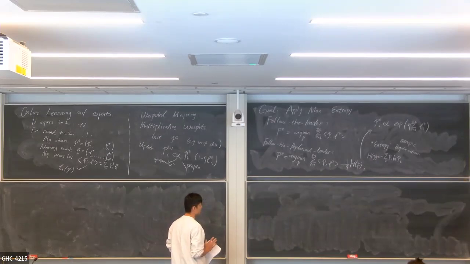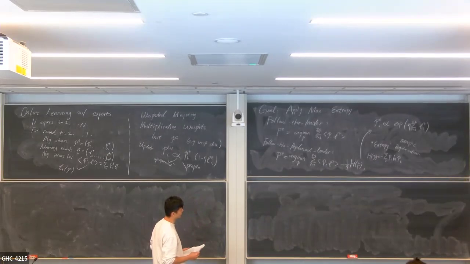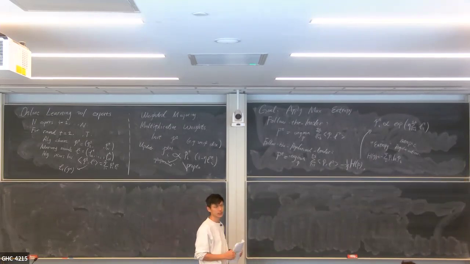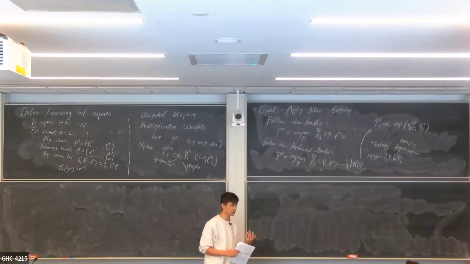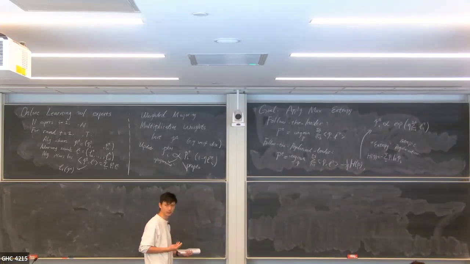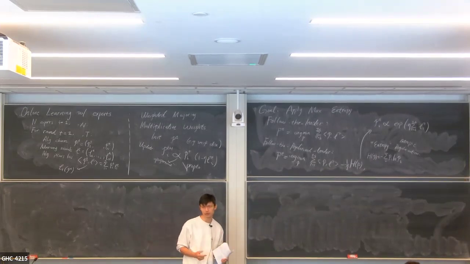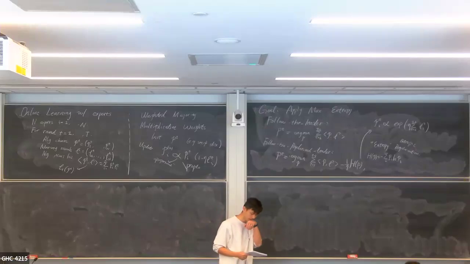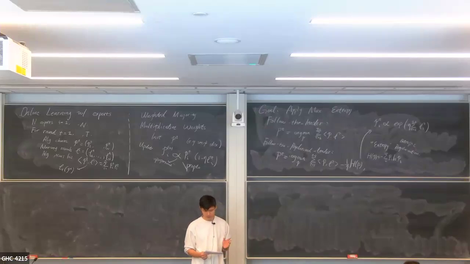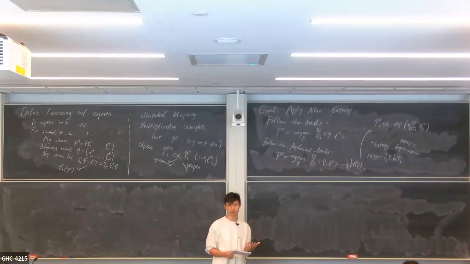There are different ways to prove this algorithm. I will show one proof strategy, one way to think about this algorithm, using entropy as a method to ensure stability. This will be a repeated theme in the proof, but the key idea is how to use entropy as a stability term.